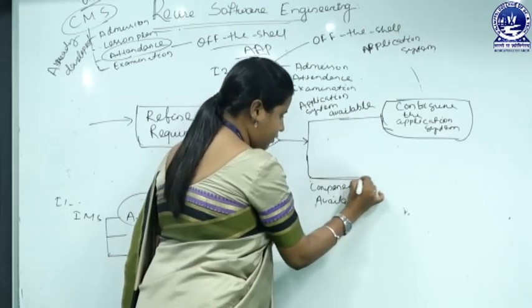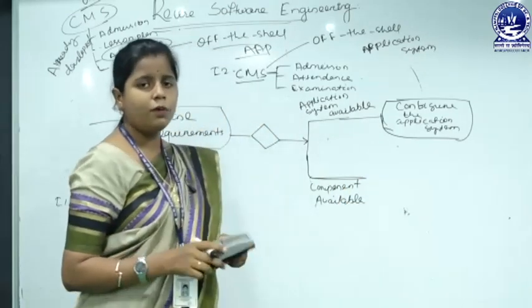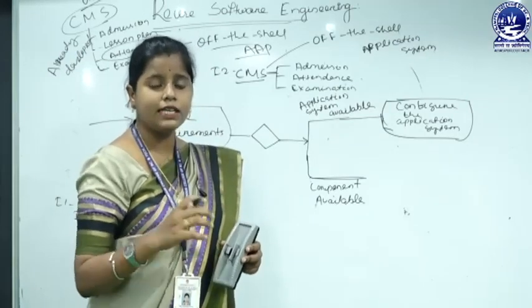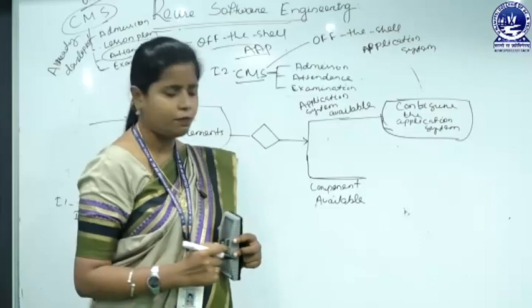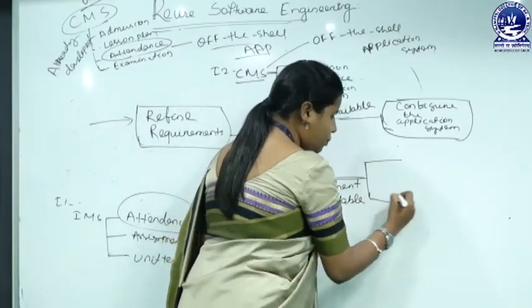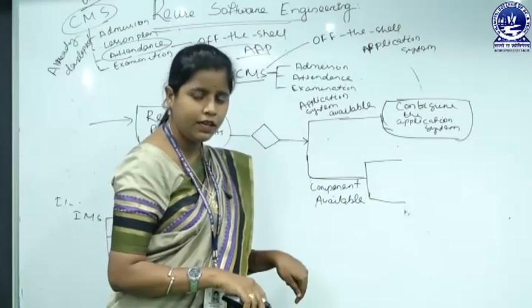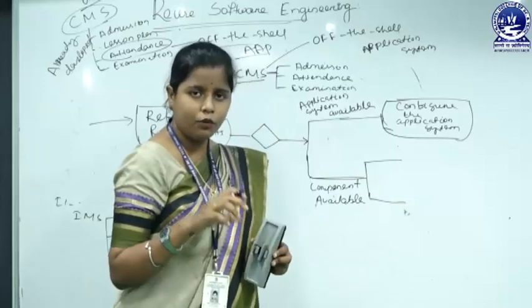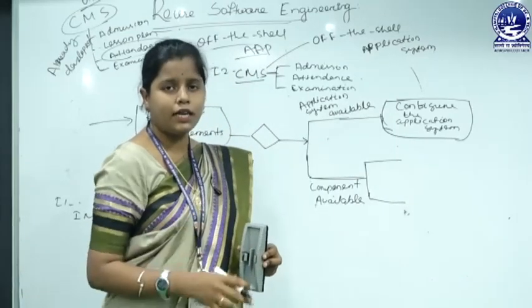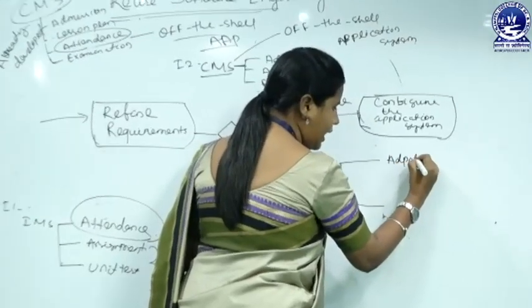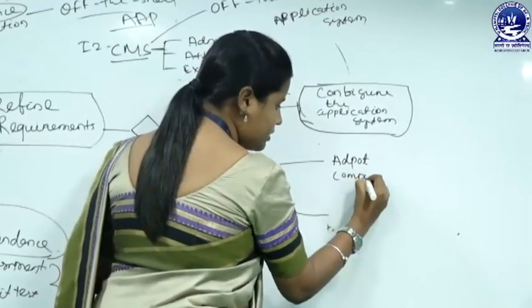If some of the components are available and some of the components need to be designed and developed, there are two options here. Whatever components are available, we have to adapt them. So, we have to adapt some components.